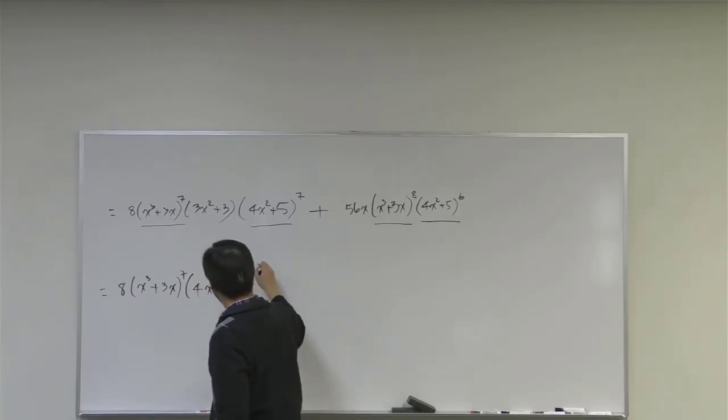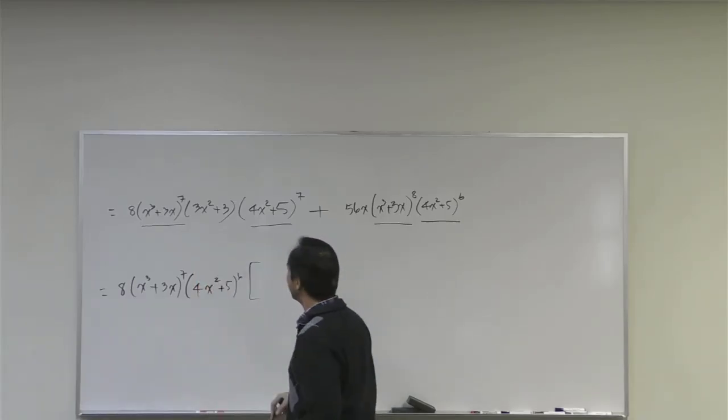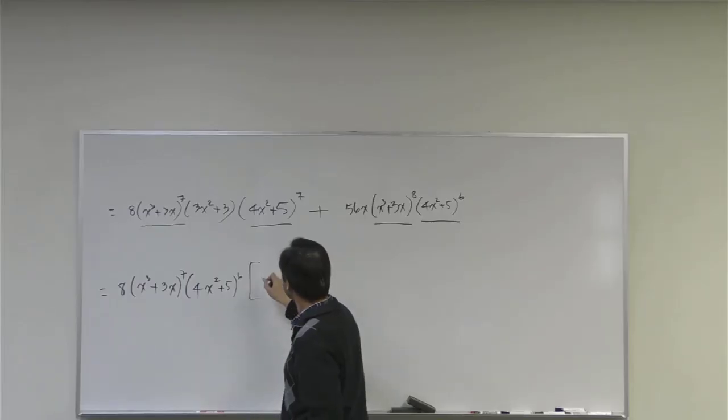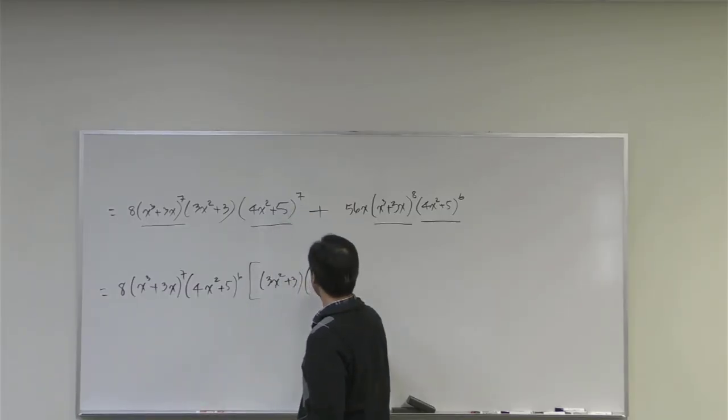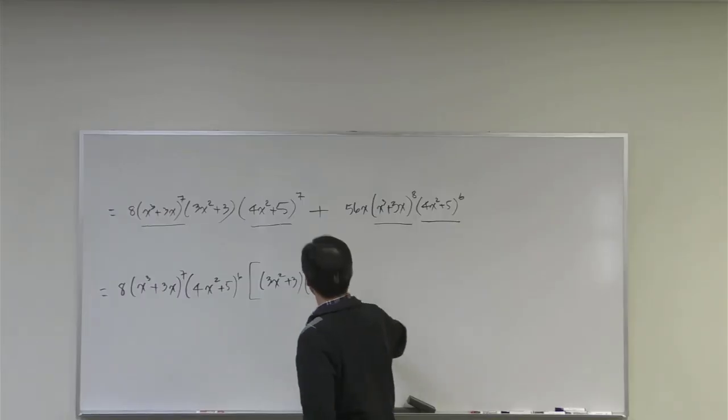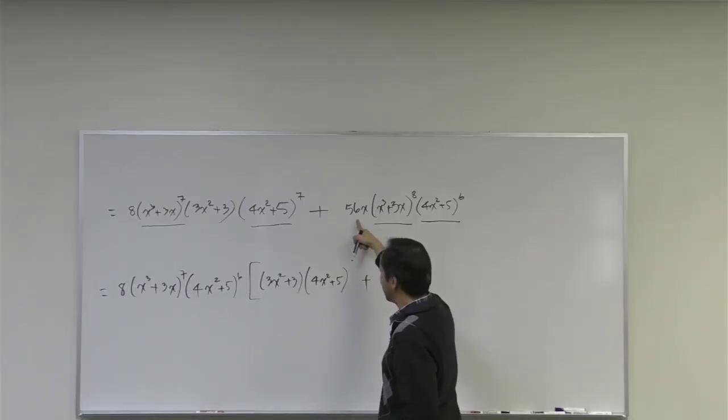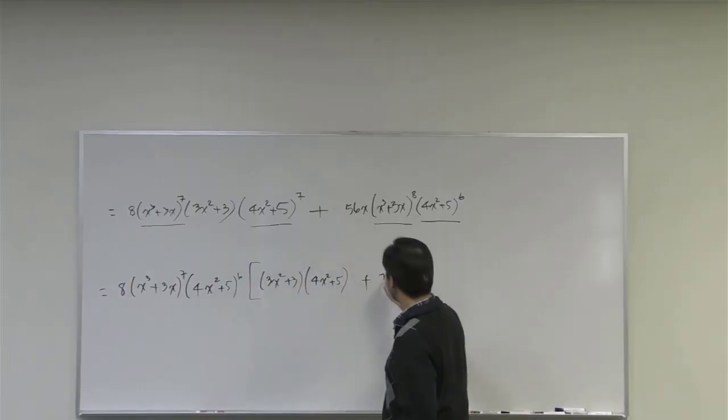And then what's left behind in a huge parentheses is, I'm looking at, there's a 3x squared plus 3, multiplied with one factor that remains. Am I correct? Okay. So 4x squared plus 5, and we add that with, now that we factored out the 8 already, we got 7x left over.